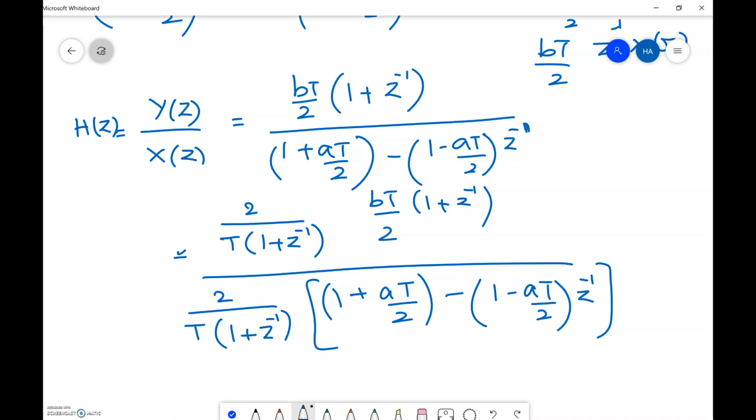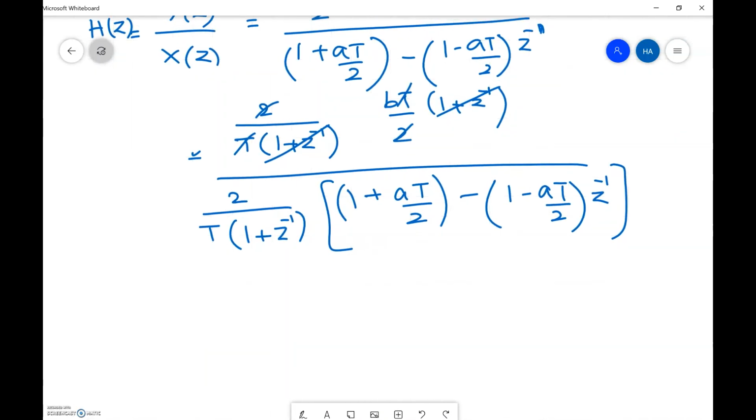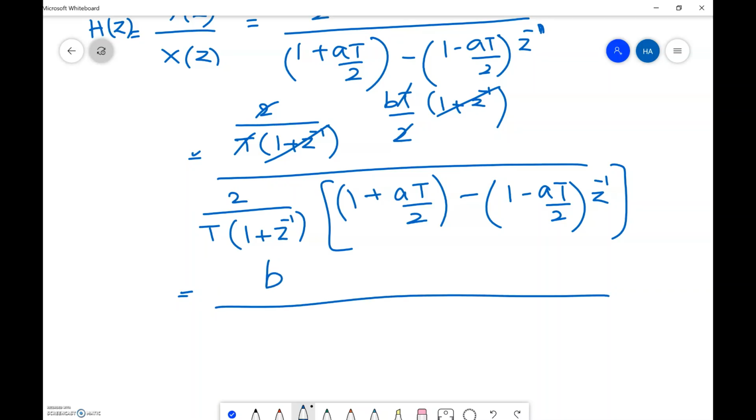So in the numerator, this term gets cancelled out. 2 and t also get cancelled out. So you are left with b in the numerator, right? Then in the denominator, let us rearrange these terms in the square bracket that we have.